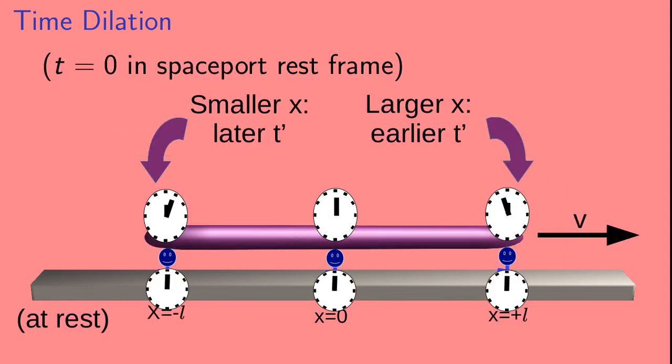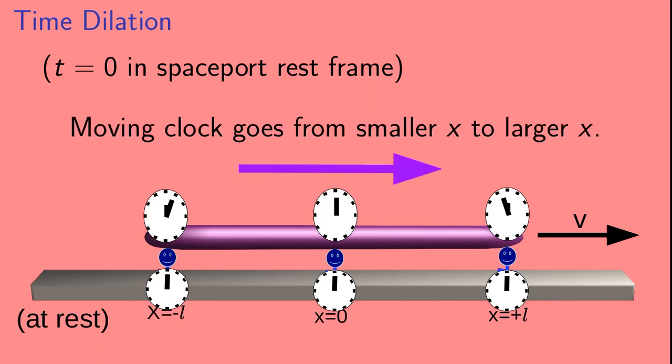Second, we saw that at a given time t, the clocks on the spaceship are not synchronized. Those at smaller values of x show later times t prime than those at larger values of x. This latter effect is important because a clock on the spaceship is moving from smaller values of x to larger values of x.